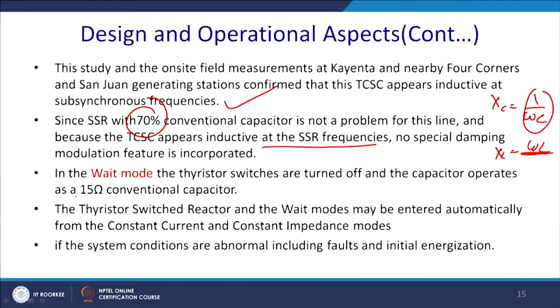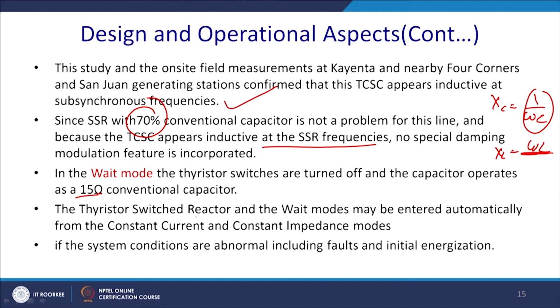The wait mode of the thyristors is between changing of the configuration. Once you try to change from one configuration to another, it will take some time because there is a transient phenomenon involved. We have seen that the TCSC is required to be switched on with minimum transient, and the capacitor operates at 15 ohm conventional capacitor mode, and that will ensure a transient-free changeover.